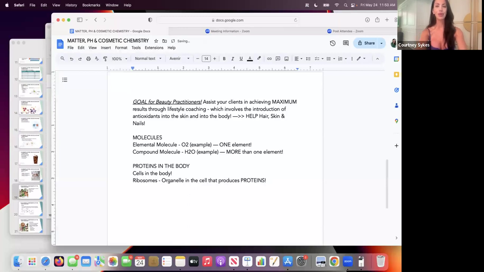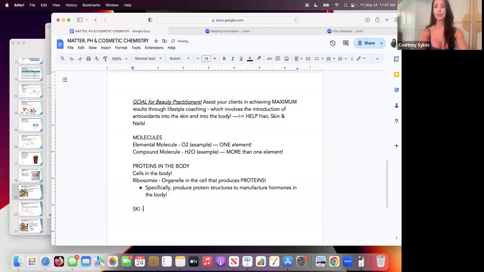Ribosomes produce proteins. They specifically produce protein structures to manufacture hormones, good hormones in the body. So this is a beautiful thing. Ribosomes create these protein structures.